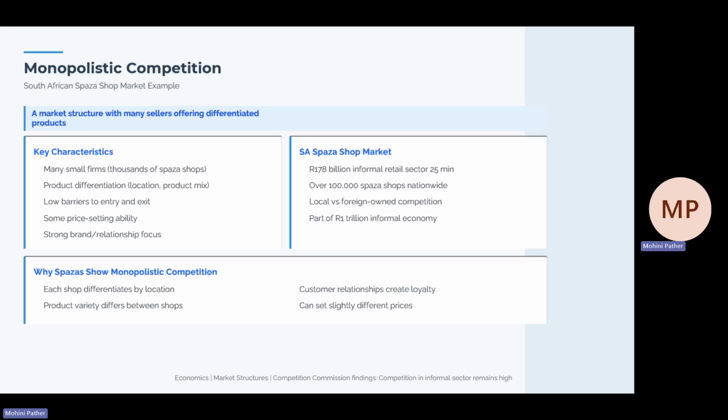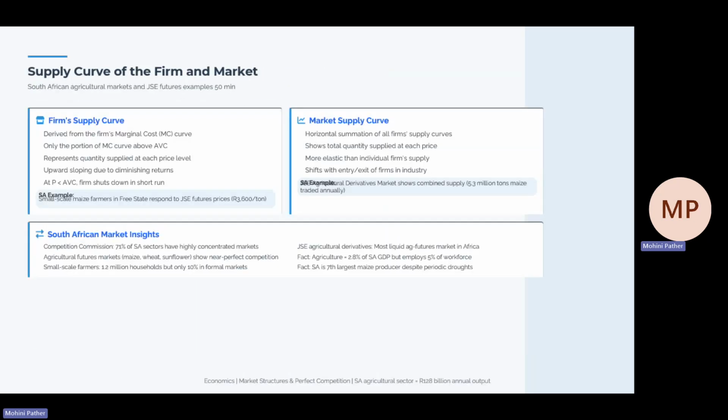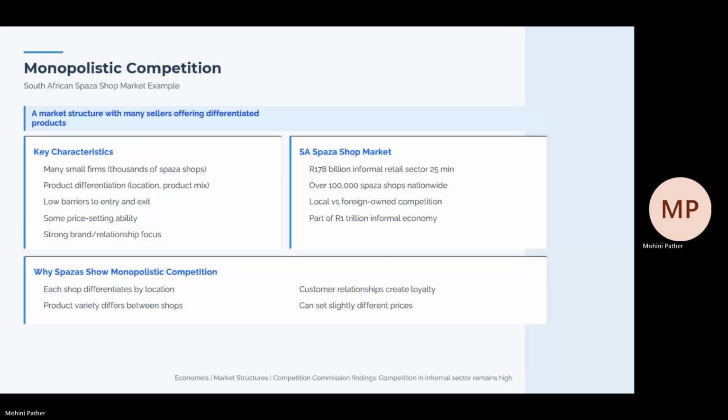So why they show monopolistic competition is because of their differentiation using location. Product variety differs between shops, and they use customer loyalty to create relationships. So that it allows them a little bit of leniency on the pricing, and they have less elasticity impacting their businesses.